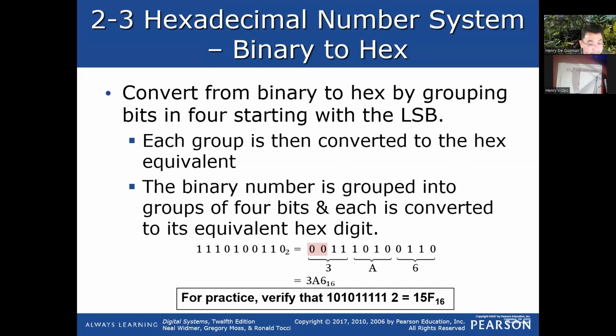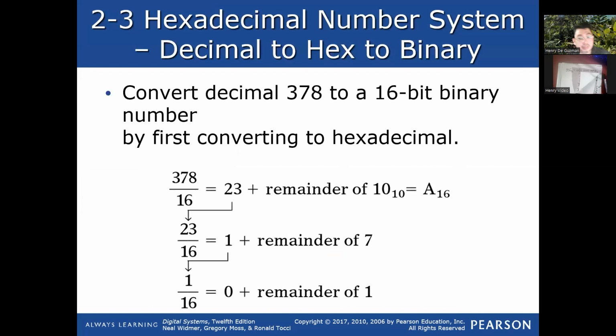Okay, so convert decimal 378 to a 16-bit binary number by first converting to hex. It's better that way. 178, then convert to binary. So 178 divided by 16.